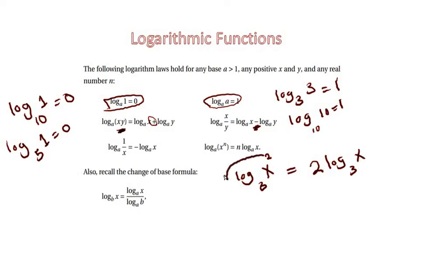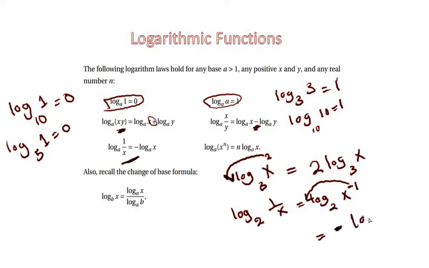So the power is a coefficient of the log. Same here. Log base 2 of 1 over x is log base 2 of x to the power of negative 1. And this power is a coefficient, so it is negative 1 times log base 2 of x.